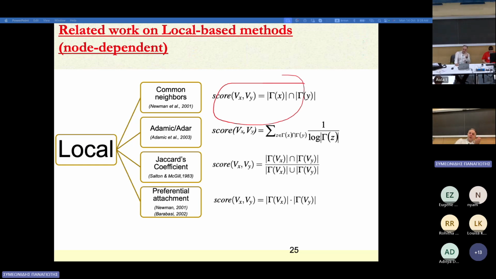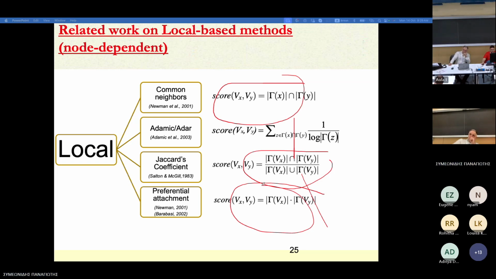Also, there are other measures like Adamic Adar. There is the Jaccard coefficient, which is the number of common neighbors divided, in the denominator, by the union of the nodes' neighbors. Also, there is preferential attachment: the rich get richer. If you have many adjacent nodes, you will probably be connected in the future with other nodes more easily.